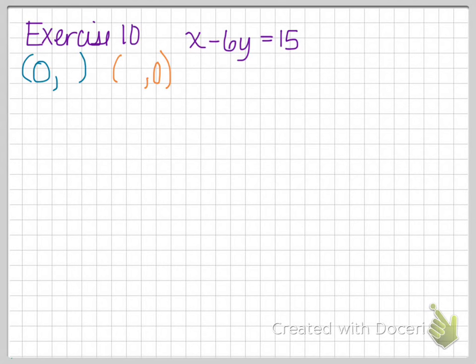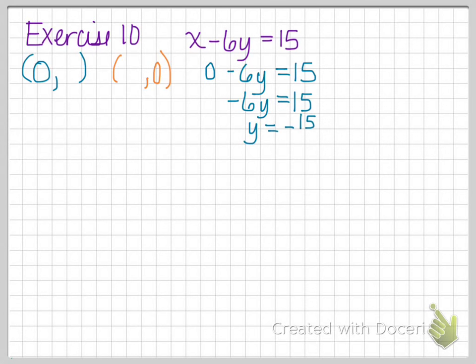So we're just going to insert 0 into the equation and figure it out. So 0 minus 6y is equal to 15. And so negative 6y is equal to 15. So y is equal to negative 15 sixths. And that would be the y-intercept there.